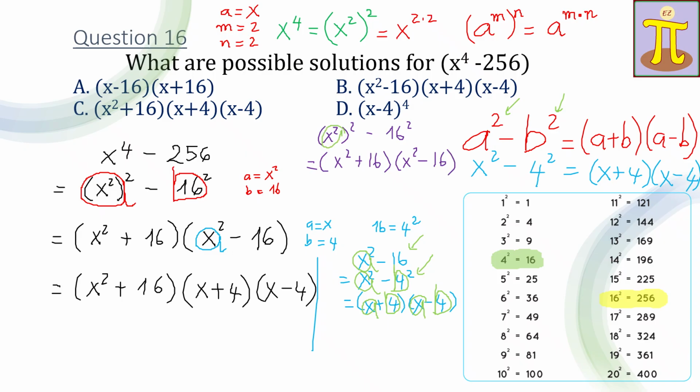So a is x squared. Okay, this is your a. What is your b? b is 16, because you already have the square right here, so 16 is the whole b. Okay, so we apply twice. So the correct answer is C.